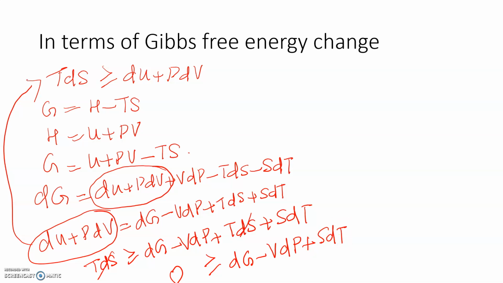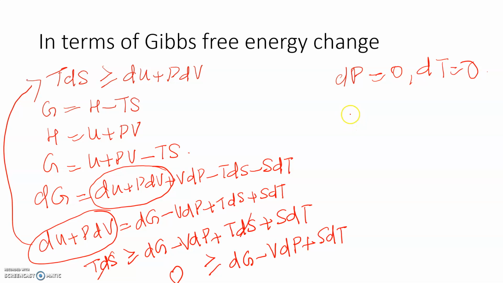Now we'll see the criteria for spontaneity and equilibrium. What we have to do is keep dP equal to 0 and dT equal to 0.